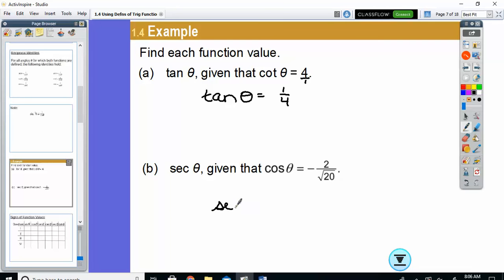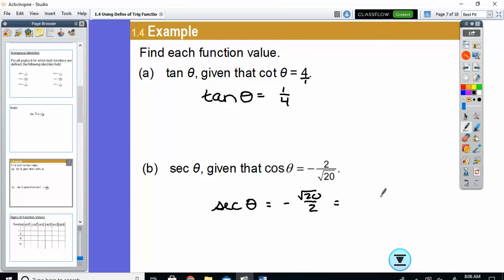Okay. B, I want secant of theta if cosine is -2 over radical 20. So, what do we do? Flip it, so it'd be negative radical 20 over 2. Now, should I leave it like this?